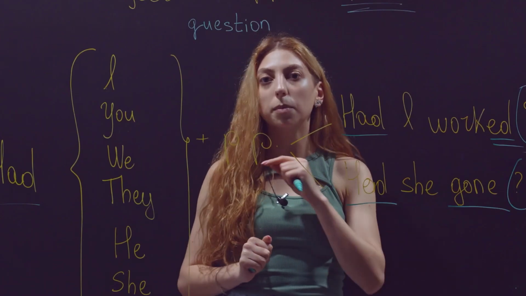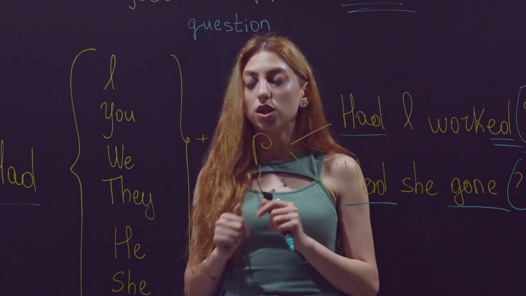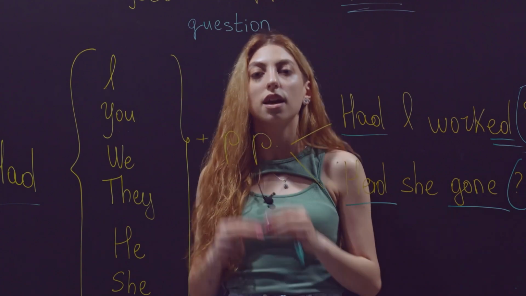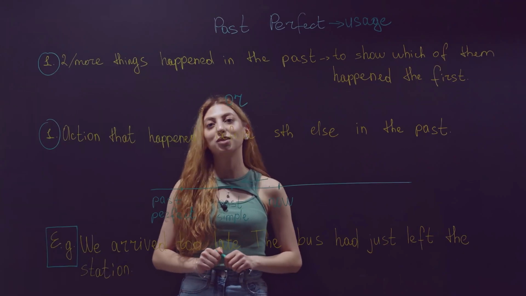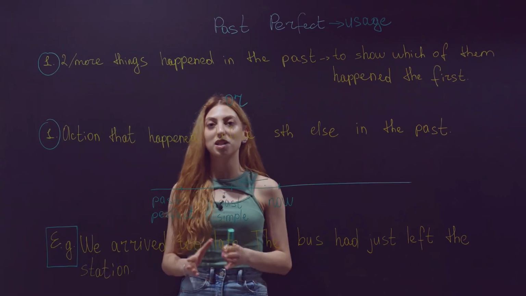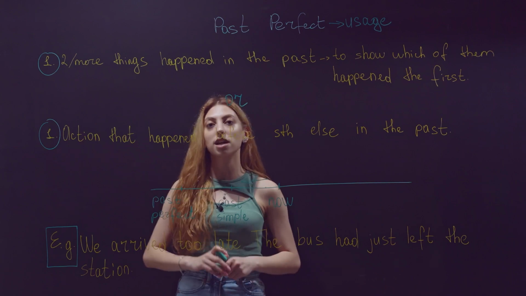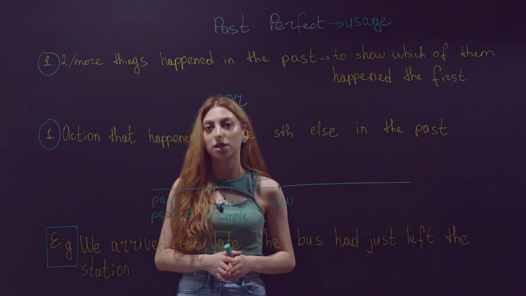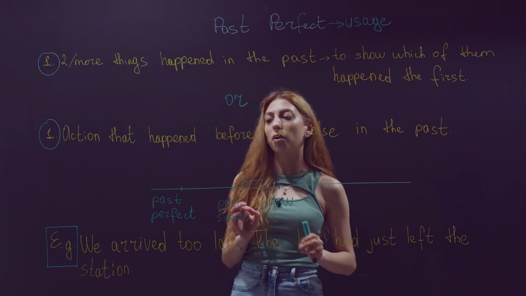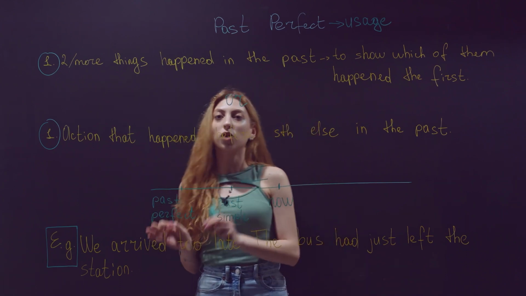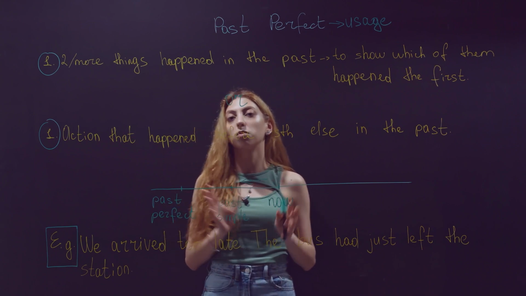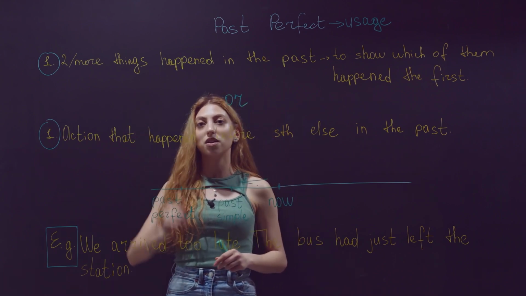Now let's speak about the usage of past perfect tense, to understand in which cases and in which situations we need to use this tense. The most interesting and important point is that there is only one case where we can use past perfect tense. What is the case? Let's pay attention to the screen.